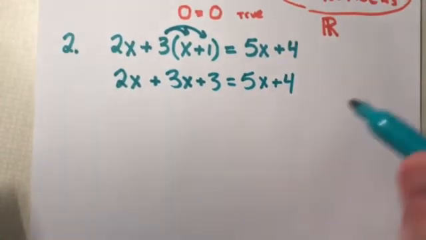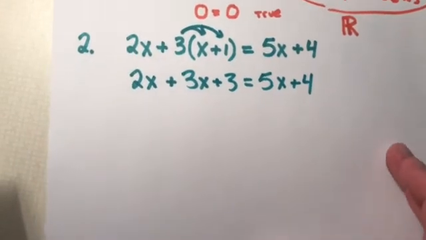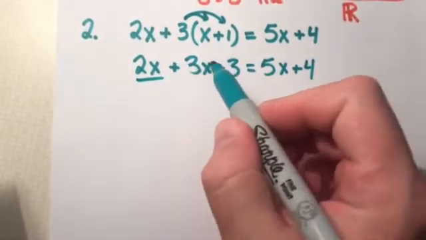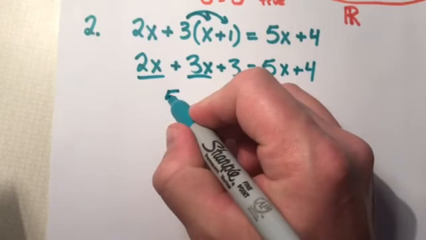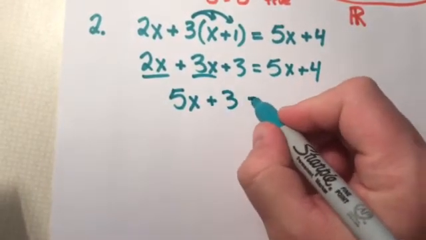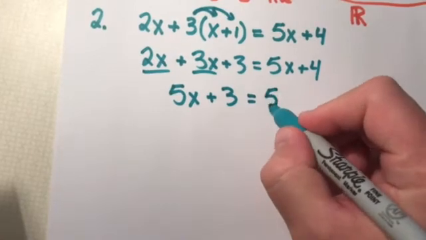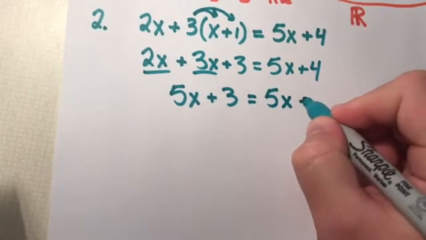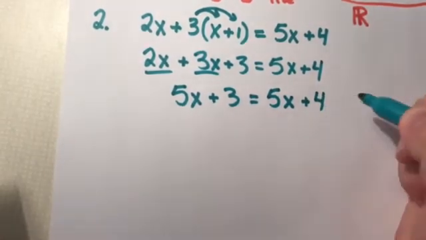Okay. And we do have some like terms to combine here. We have 2x's and 3x's, which is 5x's plus 3 is equal to 5x's plus 4.